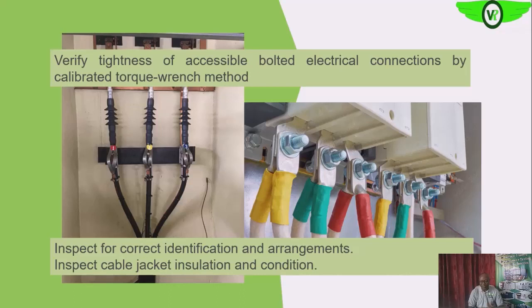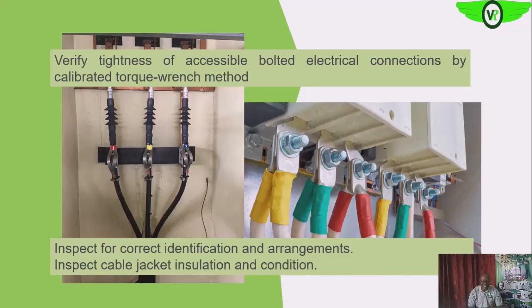We can also mark on it the part of the circuit that the cable is going to or coming from, or the particular equipment that it is supplying. So that will tell us clearly where the cable is going or where it is coming from. So those are some of the things that we inspect when we go out to inspect an already installed facility.